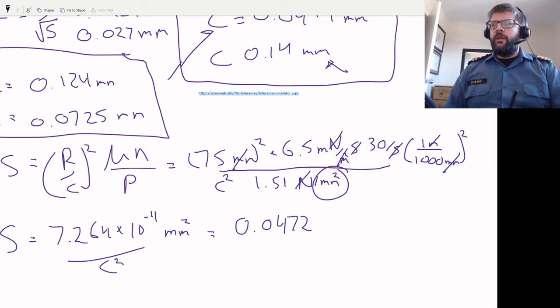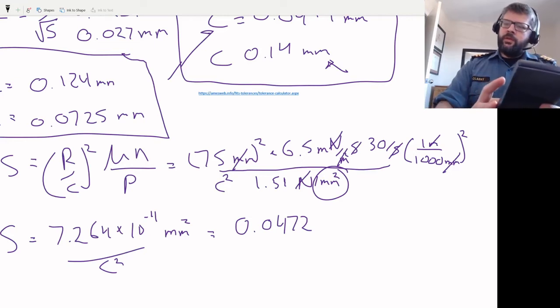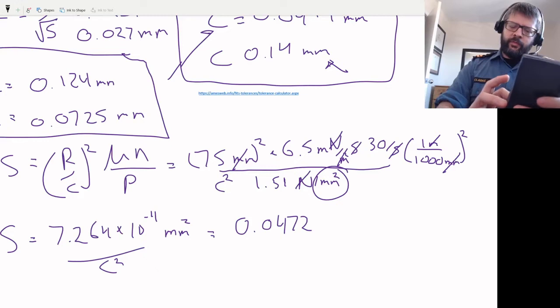And then the other value, 7.26 e negative 4 divided by 0.0725 millimeters squared.